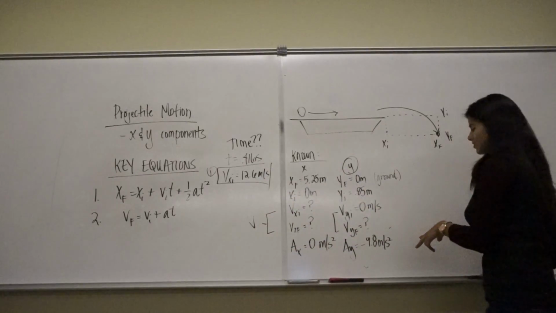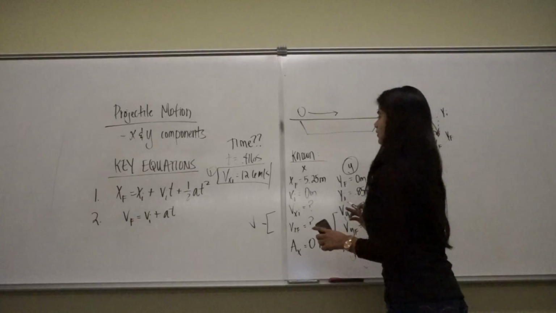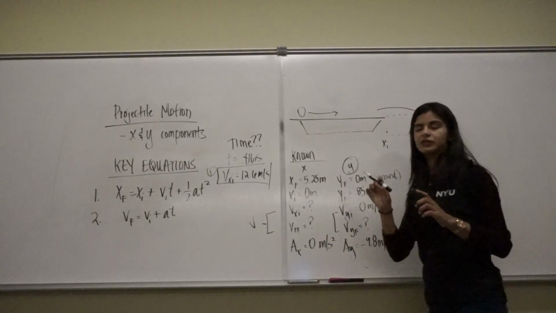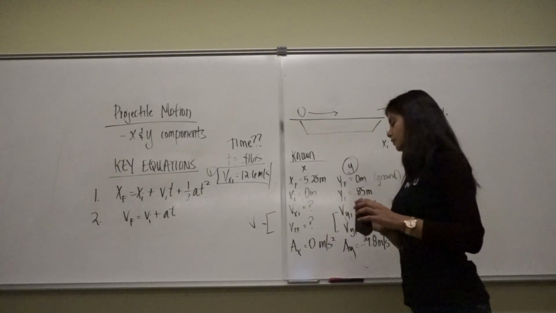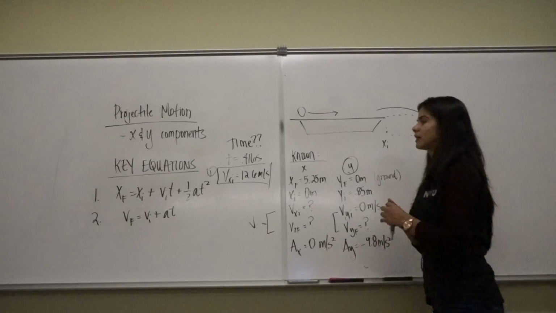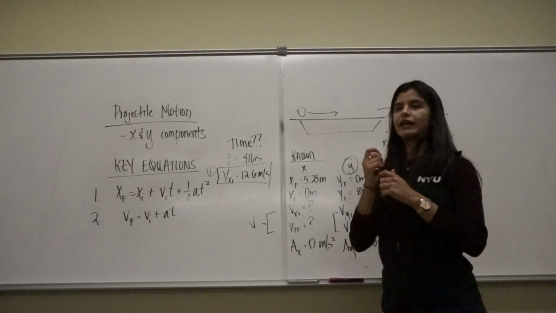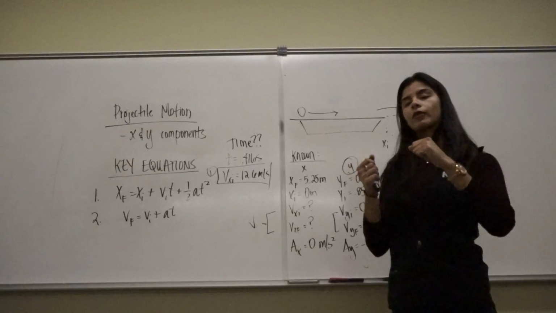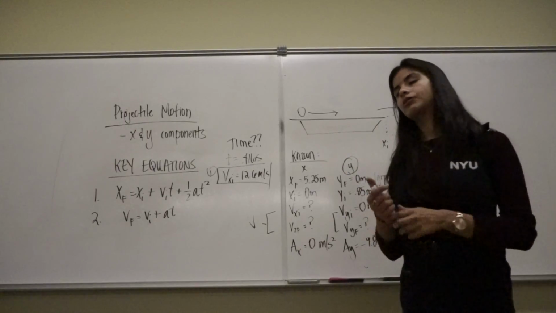Going to the second question, we need to find the speed of the ball hitting the ground. This one is also a little tricky because now you need to combine x and y directions for a total velocity hitting the ground.